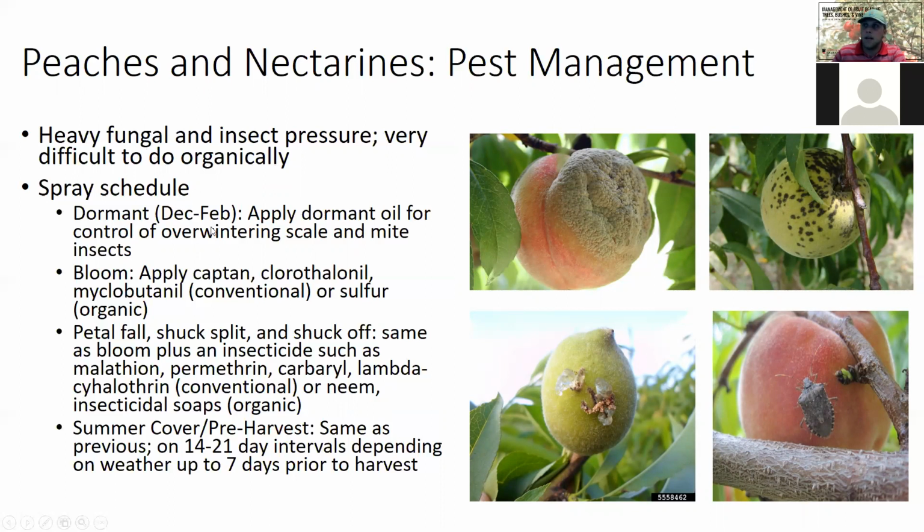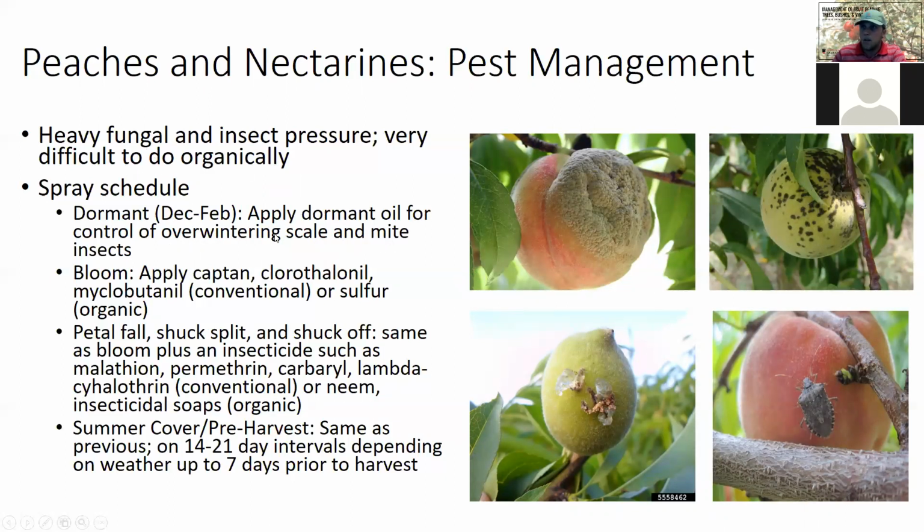With that being said, this would be a typical spray schedule even for homeowners, and it's essentially the same spray schedule we followed, just with some different fungicides. During the dormant year, you're going to spray dormant oil for overwintering scale and mites.